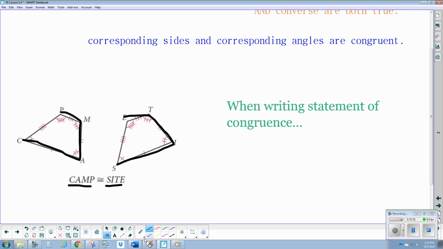So when we talk about corresponding sides and angles, first let's look at angles.